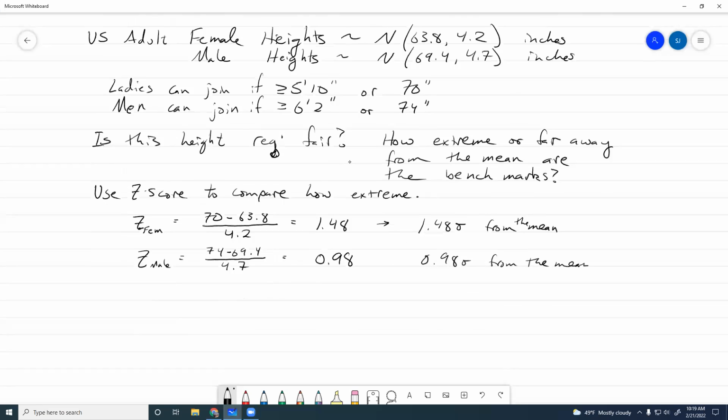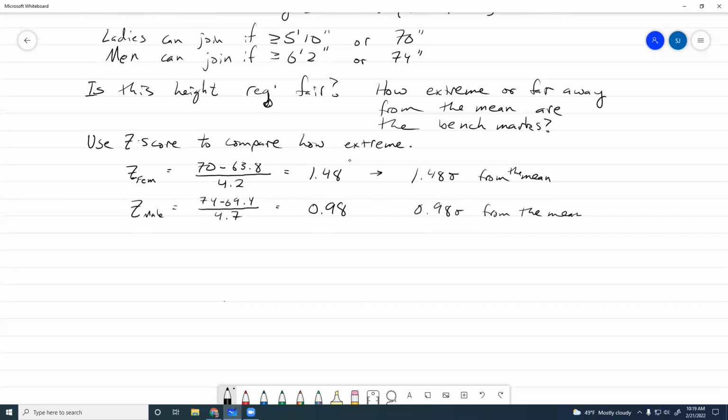And I'll draw that out for you. Each distribution is going to be different. So the ladies will be centered around the mean of 63.8, and what we're saying is you have to be 70 inches, which is over here.